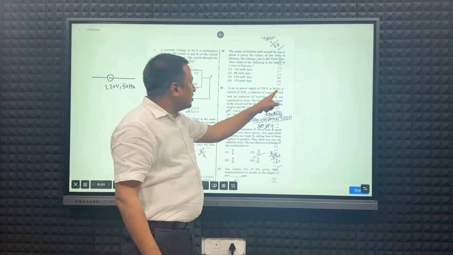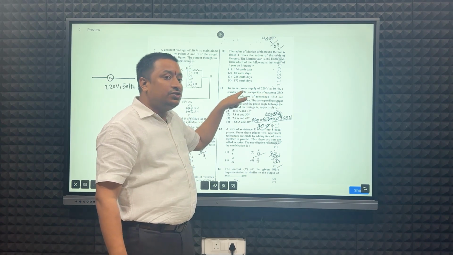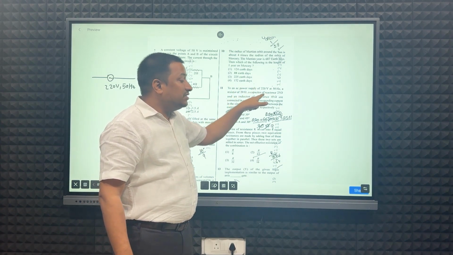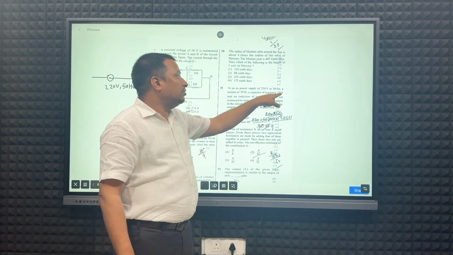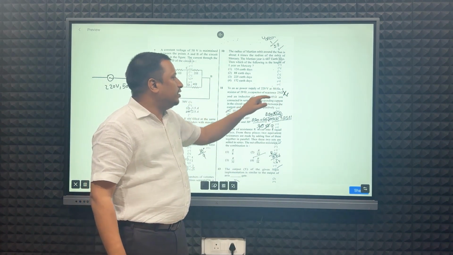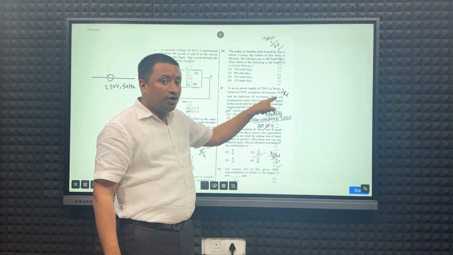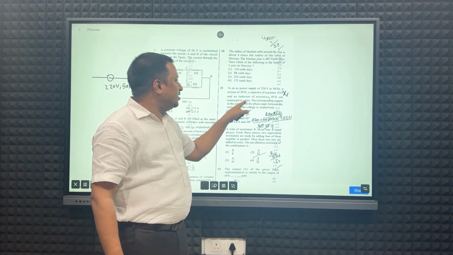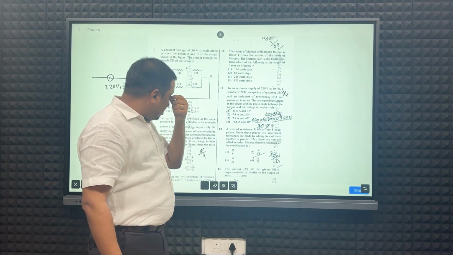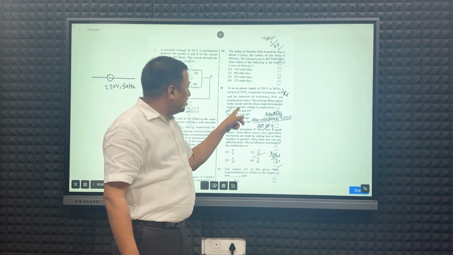They are saying it is connected to a resistor of 20 ohm, a capacitor whose reactance XC is 25 ohm, and an inductor whose reactance XL is 45 ohm, connected in series. Find the corresponding current in the circuit and the phase angle between the current and voltage.